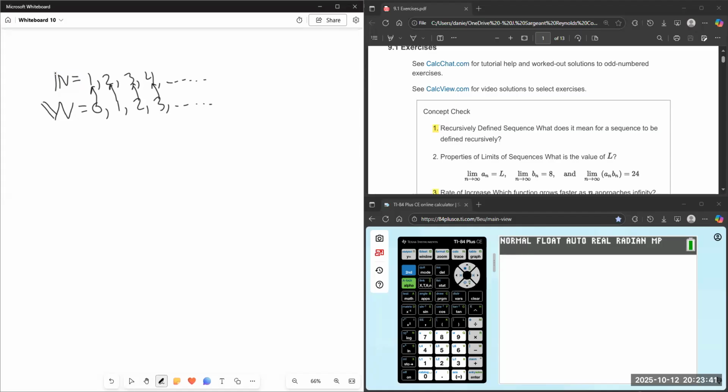So now let's talk about what it means for a sequence to converge.